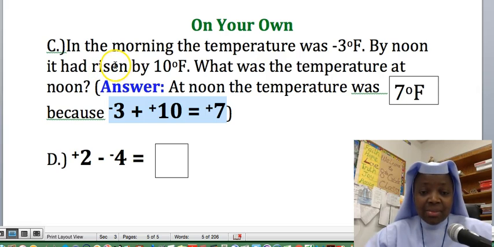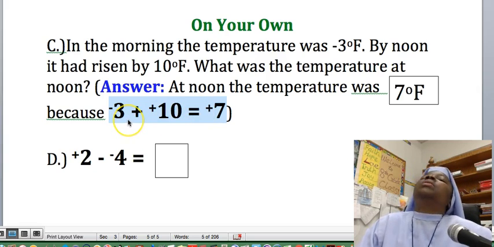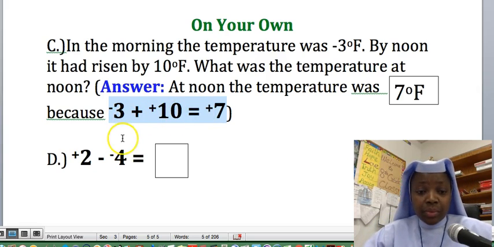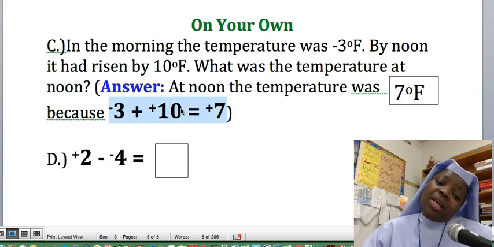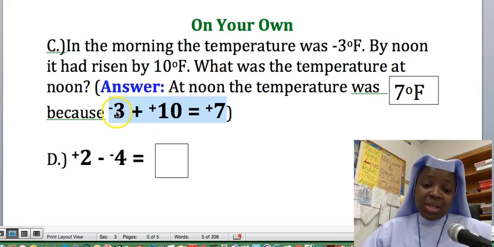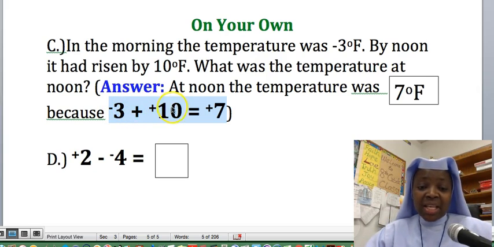So rising is positive. So then that's going to give you +7. Because you take 3 steps backward, you keep the same direction, go 10 steps forward. Okay, so it's like you're going to kind of cover the 3 steps you've taken.